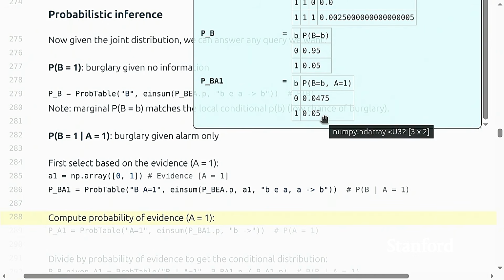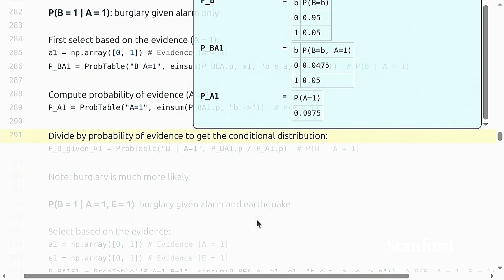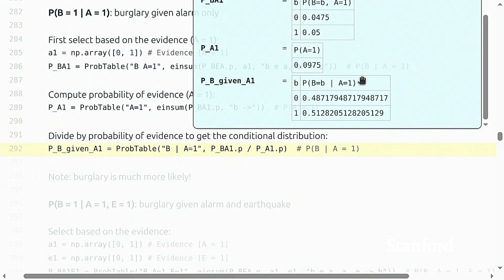So I compute the probability of the evidence, which means I'm adding these two things up, and then I divide by the probability of the evidence, which is 0.09, and that gives me this.